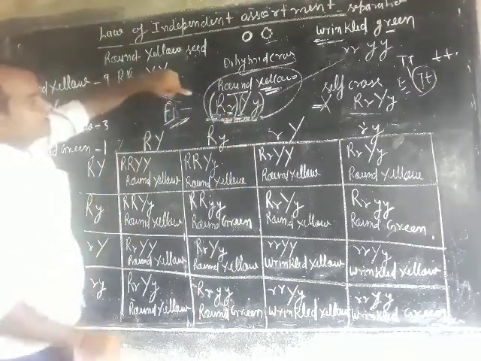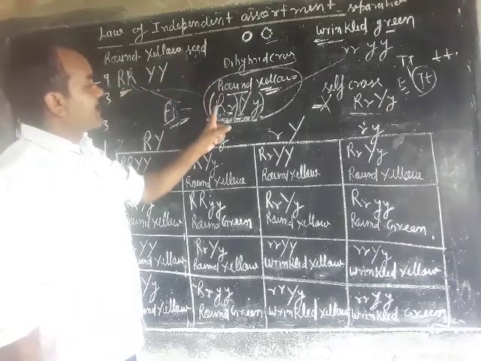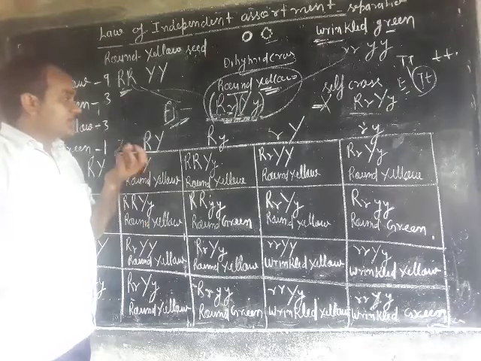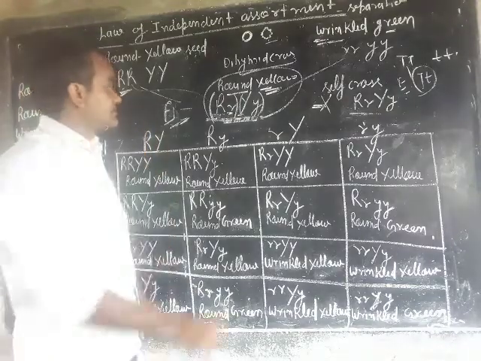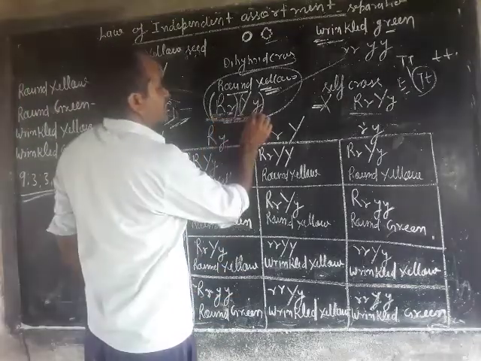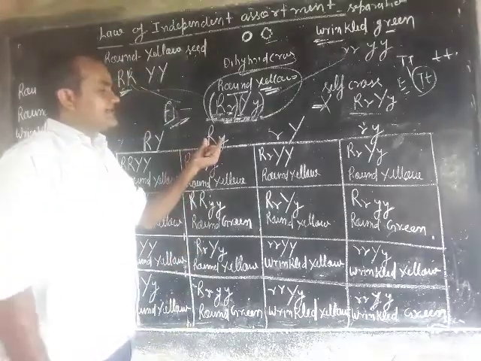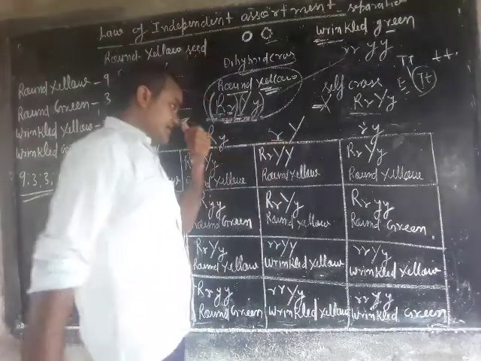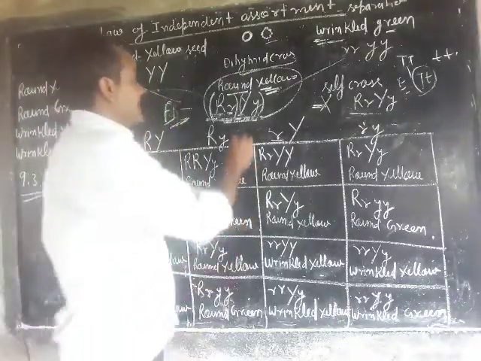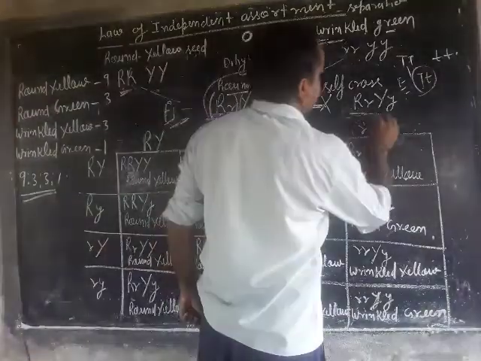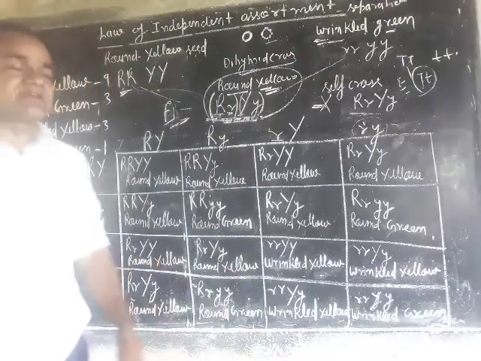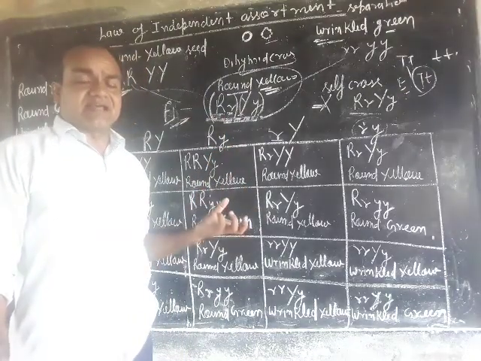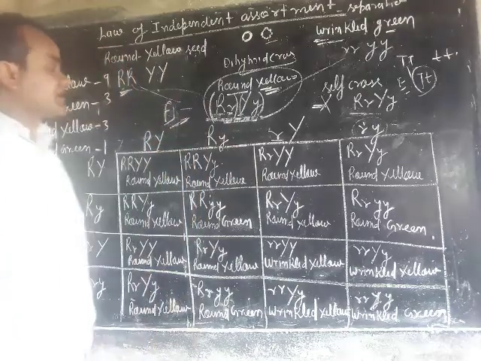Multiplying capital R capital Y gives one gamete, capital R small y gives another, small r capital Y gives another, and small r small y is the last. So we find four types of gametes according to Mendel's cross.